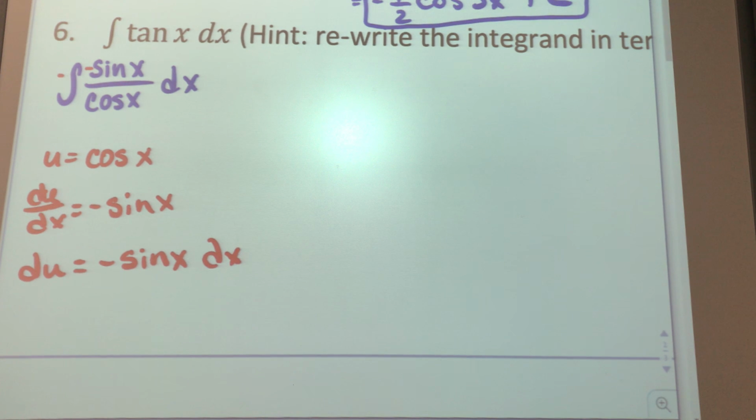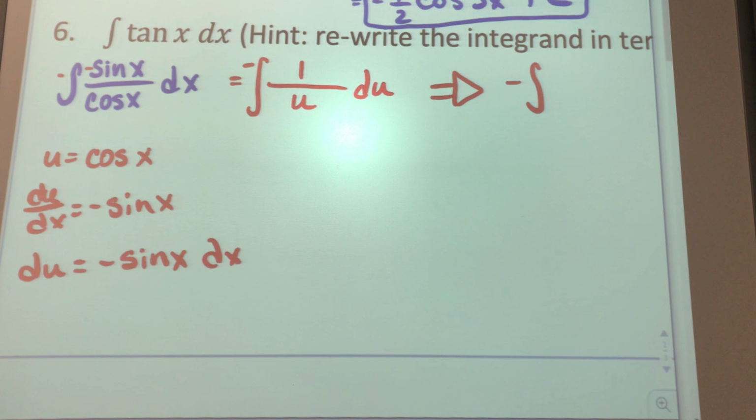Alright, when we're ready to write this in terms of u, u is cosine of x. So u is going to go on the bottom. And then negative sine of x dx is du. So you can either write that over to the side, or you can write it as du over u.